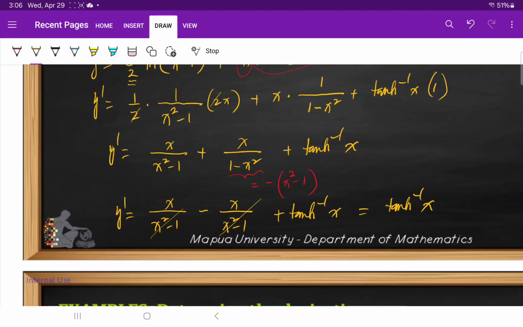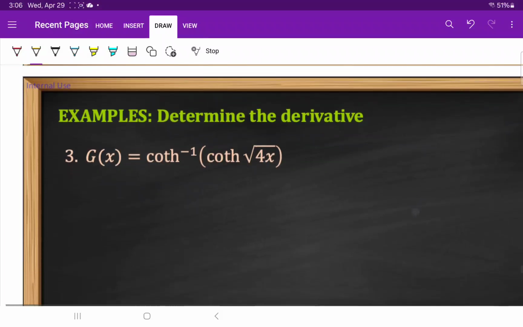Okay, then let's go to the next one. You have here inverse hyperbolic cotangent of this, which is u. So what is g prime of x? What's the derivative of inverse hyperbolic cotangent, sorry.